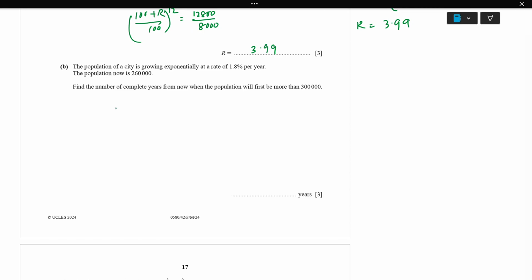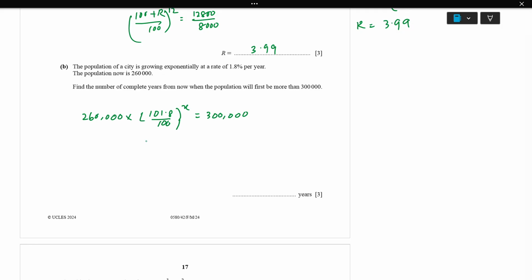So 260,000 times (1 plus 1.8 over 100), power x, since we don't know how many years, equal to 300,000.